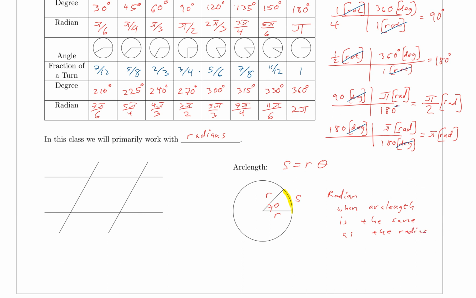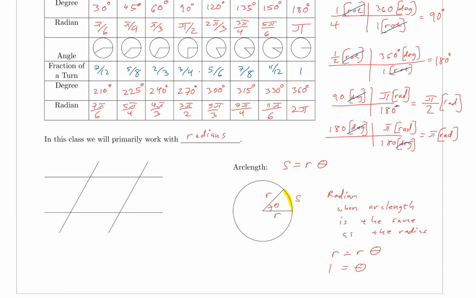Let's see what this does to the equation. If the arc length is the same as the radius, then the arc length would be r. Plugging it into this equation, r equals r times theta. Divide both sides by r, what do we get? We get that 1 radian is equal to theta, which fits our definition.